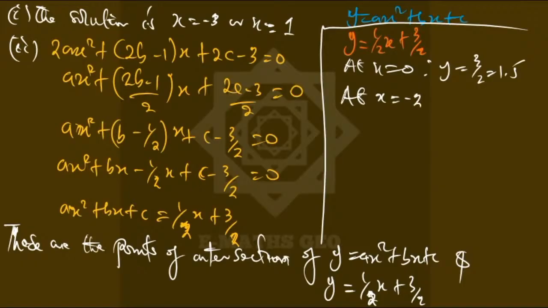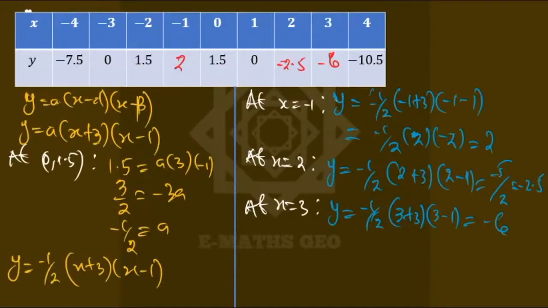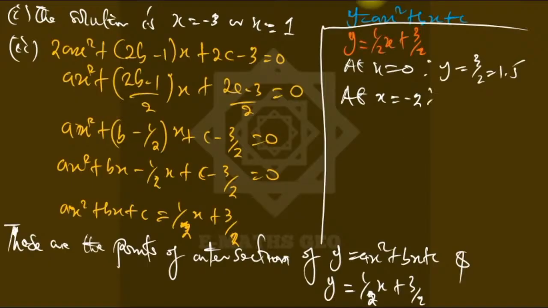It's there, it's on the table. Let's see whether y is there after substituting x. Y equals half times -2 plus 3/2. This is -1 plus 3/2.